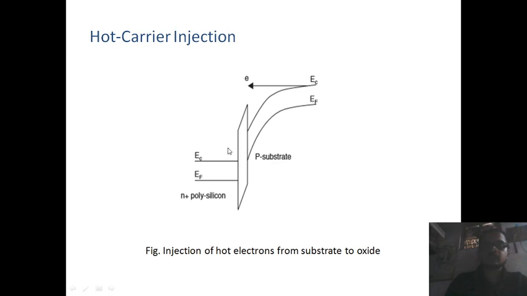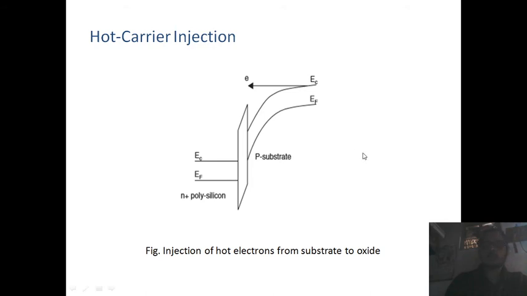The interface layer becomes thin in short channel devices.